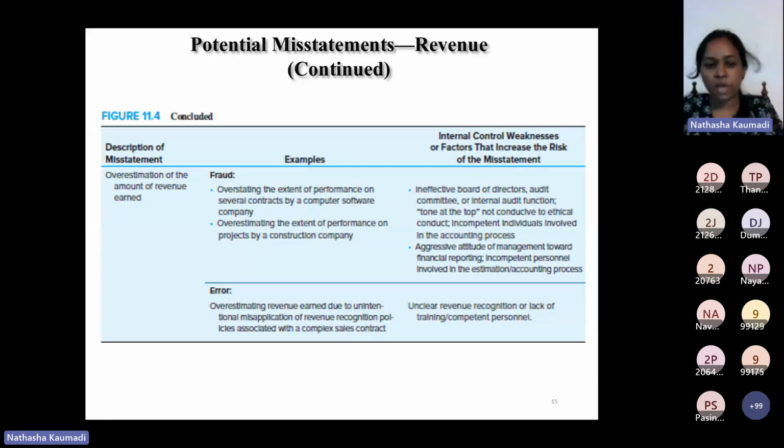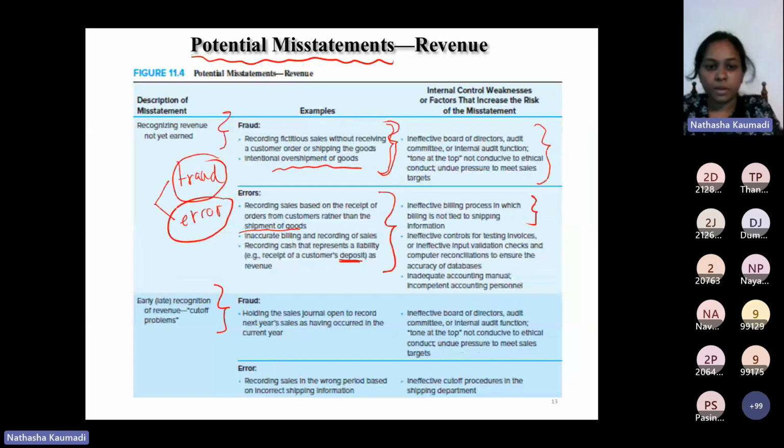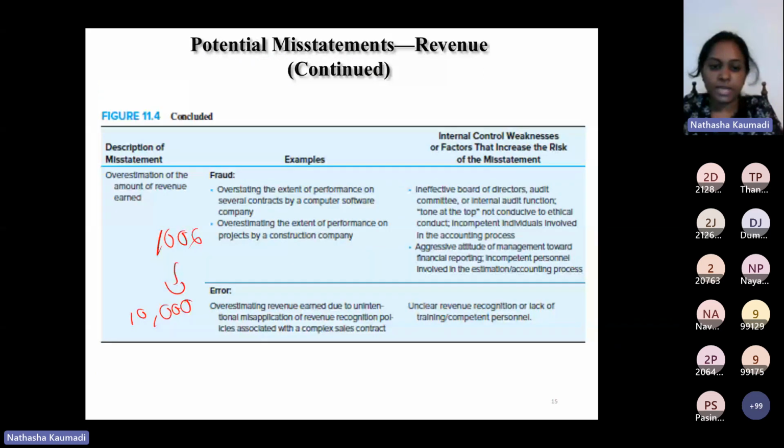Sometimes the number is 1,000, but the person who is recording the sales records it as 10,000. There can be overestimation of amounts of revenue earned like this. There can be both frauds and errors. So these three slides, you can read and understand. Everything is mentioned, whether it is a fraud or an error. If it is a fraud, what are the examples? If it is an error, what are the examples?